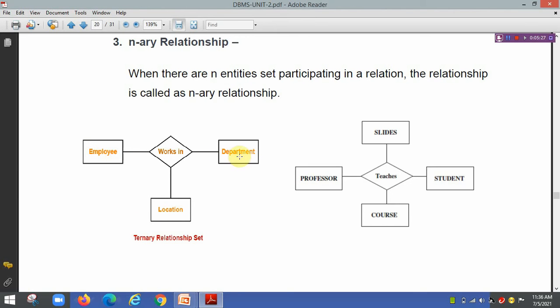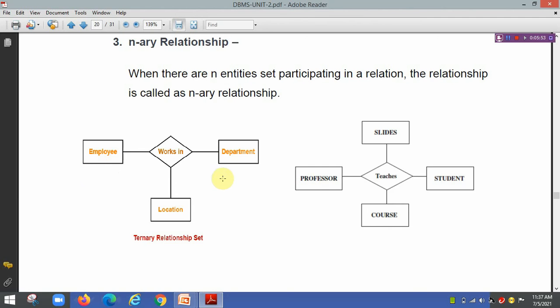Employee works in department, employee works in this location, departments are situated in this location. In this way 3 entities are involved, but the relationship creates 1. The word used for a relationship is suitable for the 3 entities.